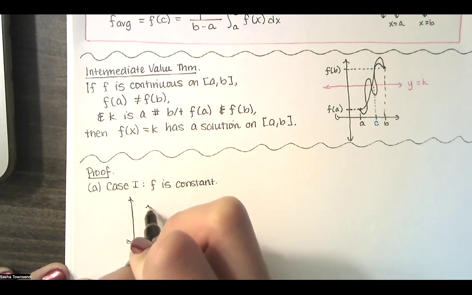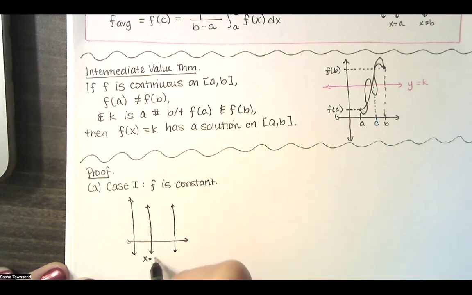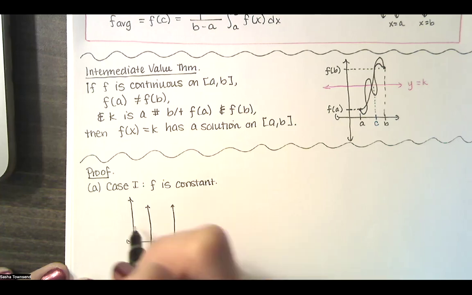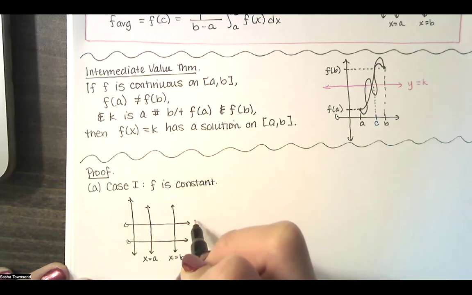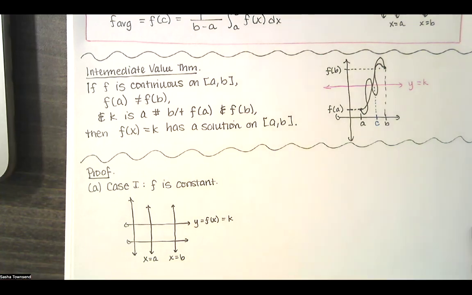Then we have the integral from a to b of f of x dx. Let's say that constant is k.